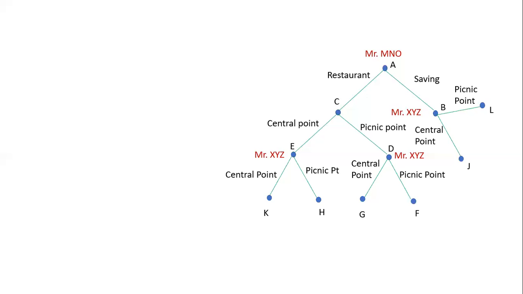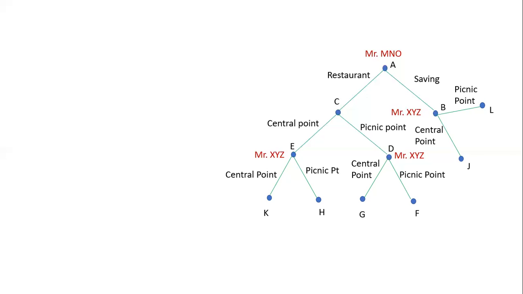So we can say that this game includes two players, Mr. MNO and Mr. XYZ. The choice set or the actions that are available to Mr. MNO at the stage we marked as A are opening a restaurant or opening a saving account and putting money in that.